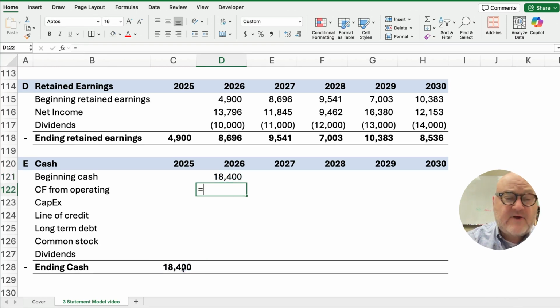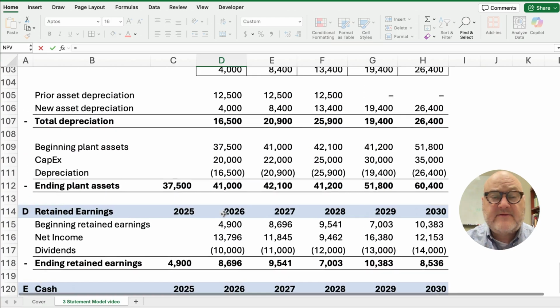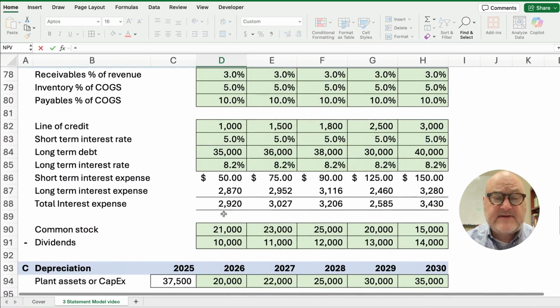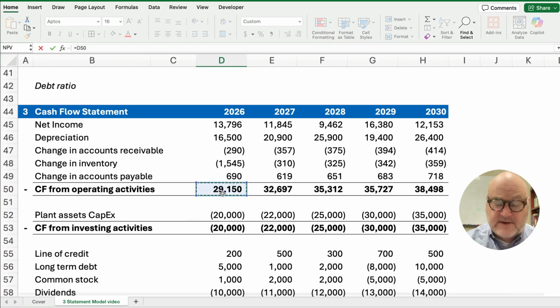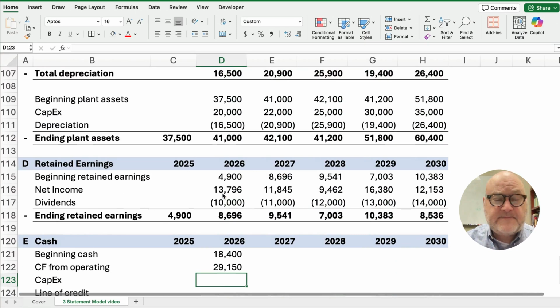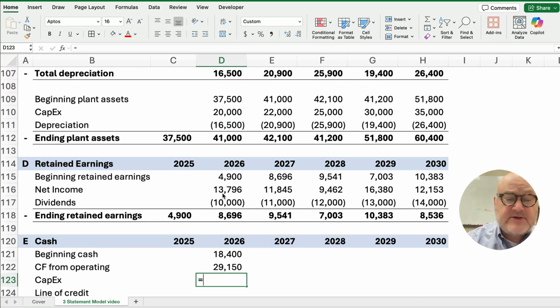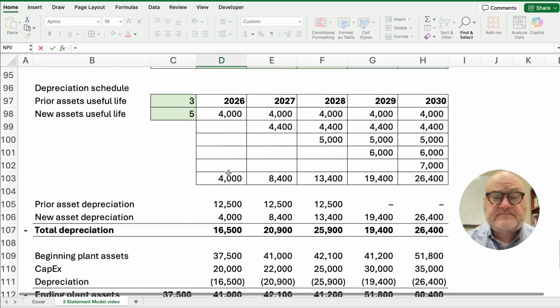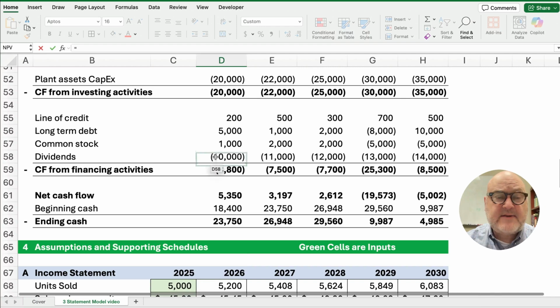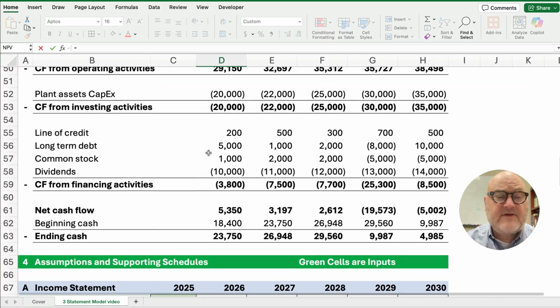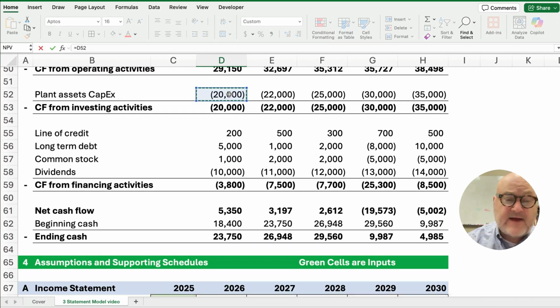What is our cash flow from operating activities? Well, let's go to the cash flow statement. Our cash from operating activities is going to be a positive $29,150. Our capital expenditures is how much we paid for everything. So that's going to be negative $20,000.